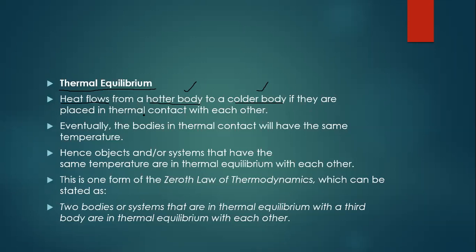Heat can only flow from a hot body to a cold body if they are in what is called thermal contact, all right? If you place one body in thermal contact with another body, and we call one body A and the other body B, where body A is hotter than body B, which is cold, we expect heat to flow in that direction.